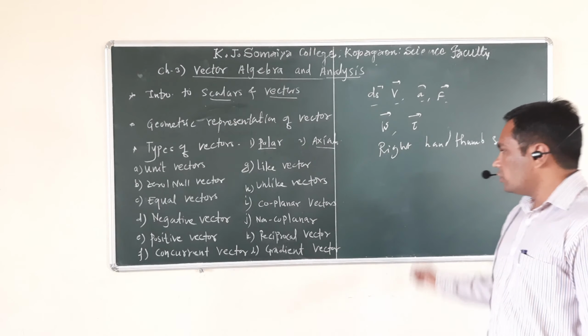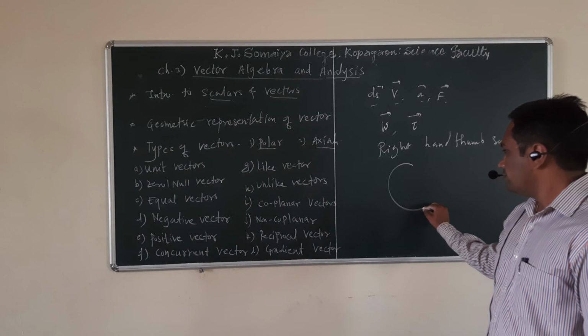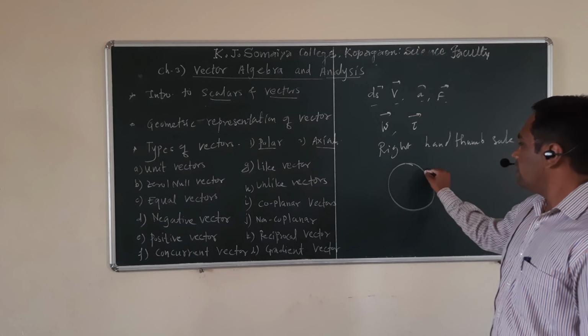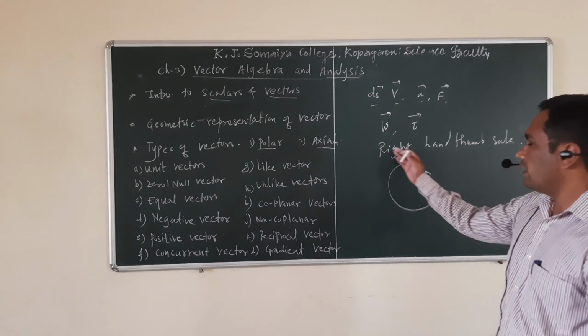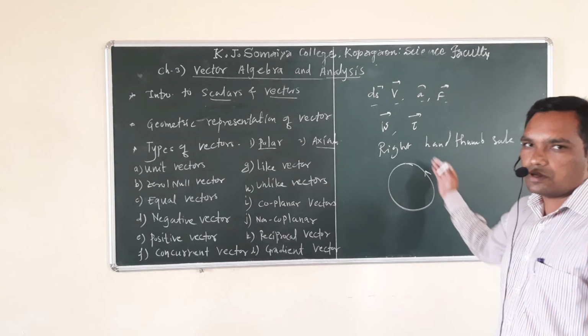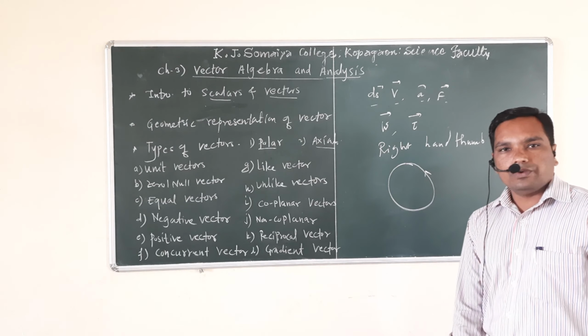Okay, suppose an object is performing circular motion in the counterclockwise or anti-clockwise direction. How do we use it?